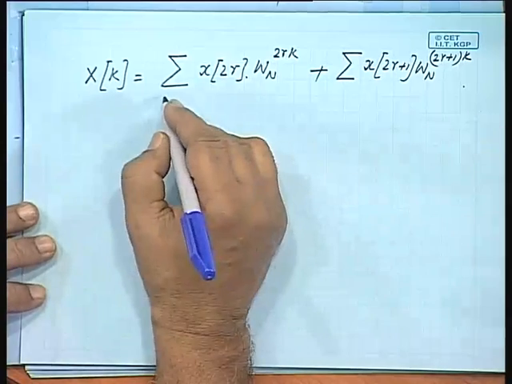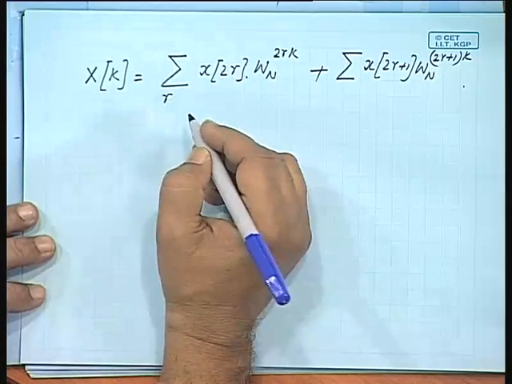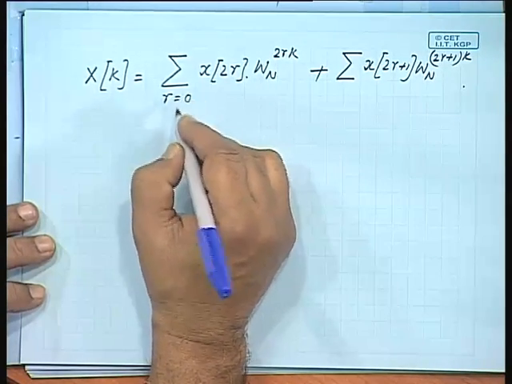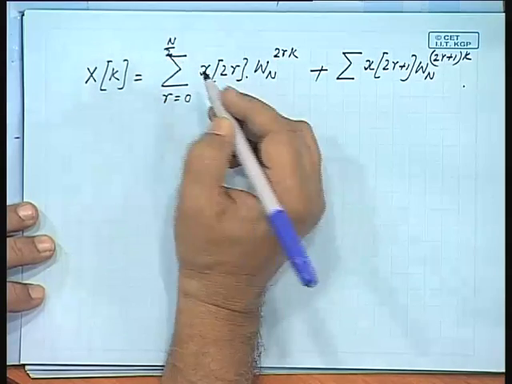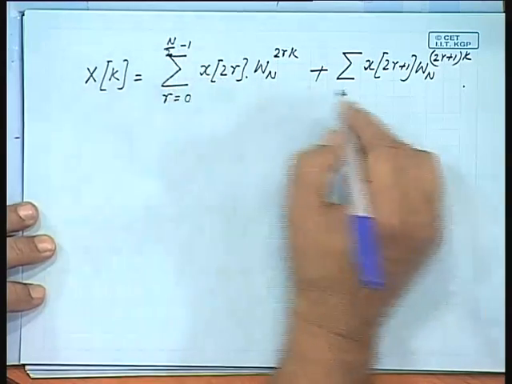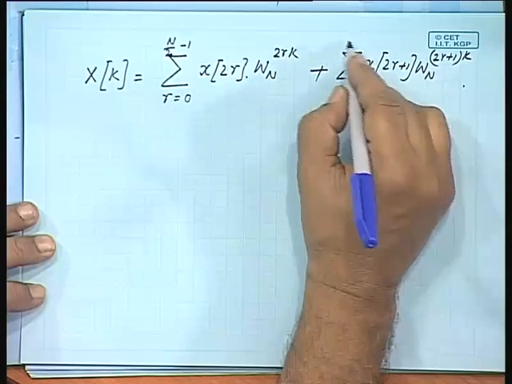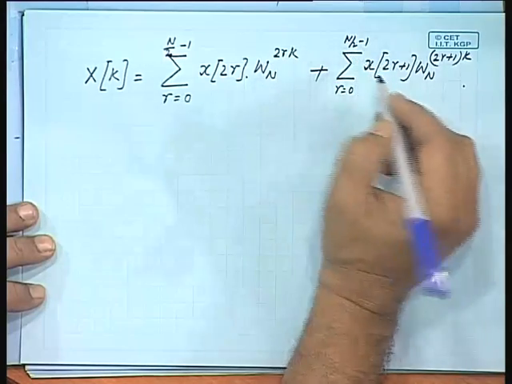Do you all agree? Where r varies from 0 to N by 2 minus 1.